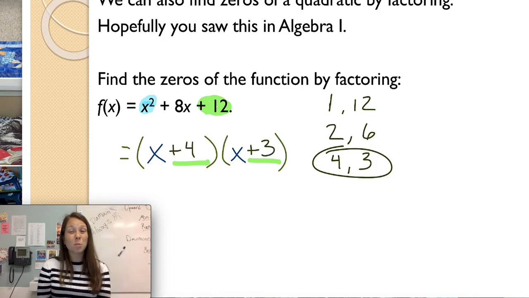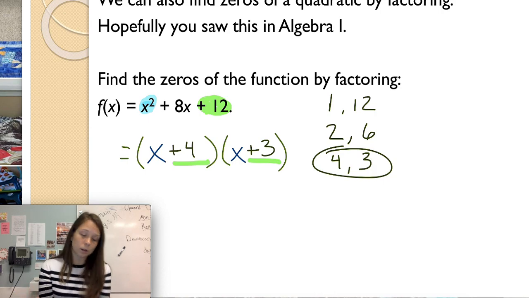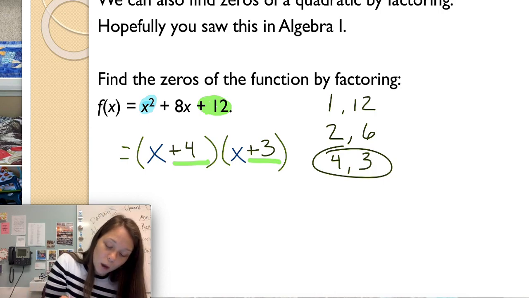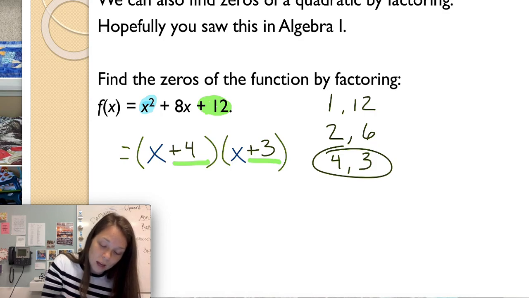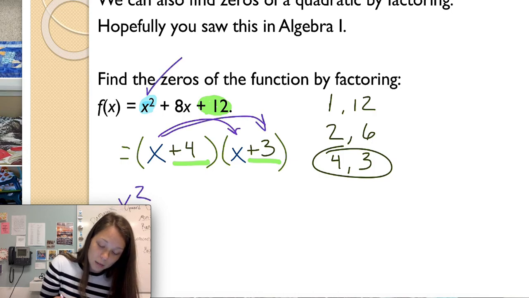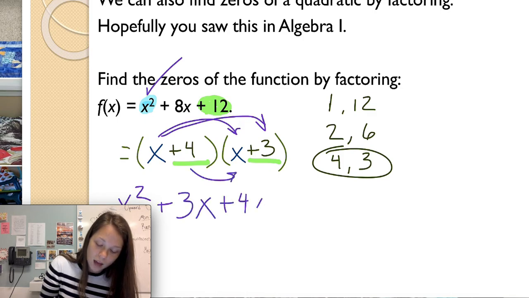I'm using a guess and check method here. As we do more of these problems, you can make a much more educated guess, but in the beginning it might be a blind guess at two factors of 12, and then we check to see if it works. To check, I distribute. x times x gets me x squared, so I'm good there. x times 3 is 3x. 4 times x is 4x.